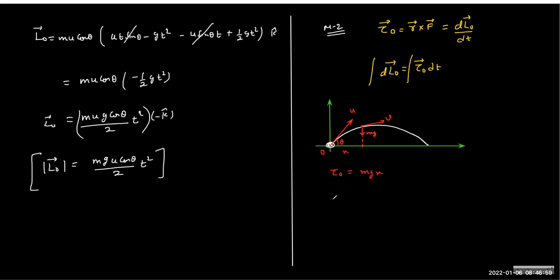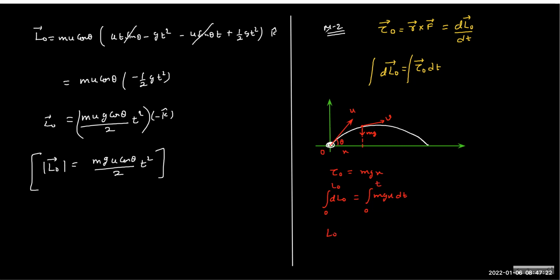So I can write the dL naught integration is mgx dt. When t is 0, we have realized that this was 0 because the line of motion was passing through origin. So after some time, it will have L naught value, and now it's time t.